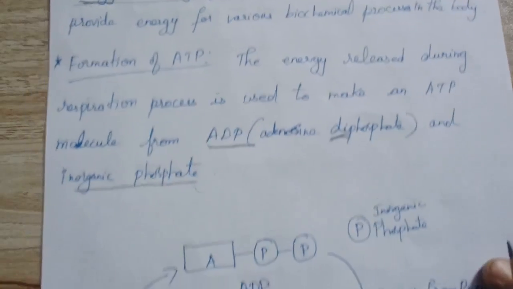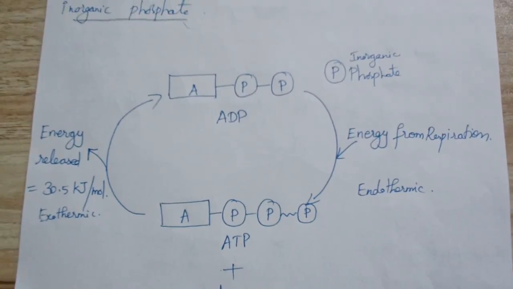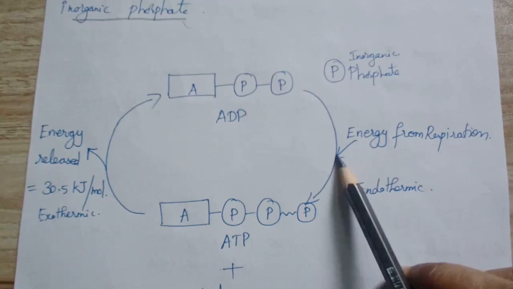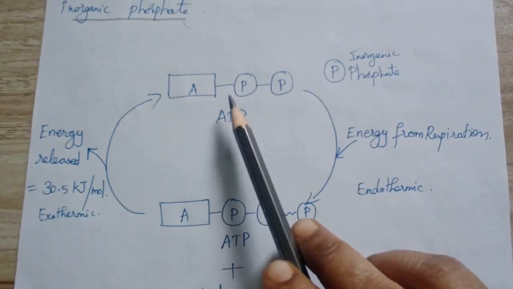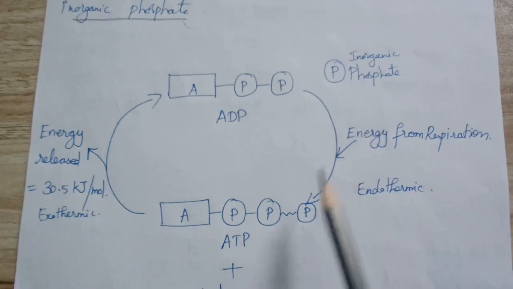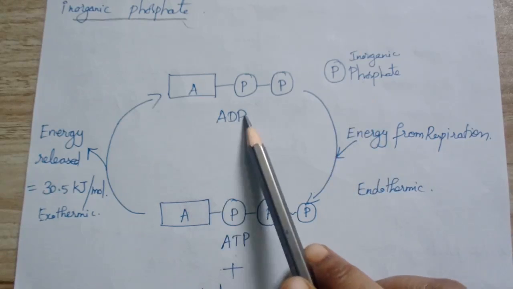So we'll see how it happens, how it's formed. During respiration, energy will be released, right? This is consumed by the ADP and inorganic phosphate to form ATP. This is adenosine diphosphate.